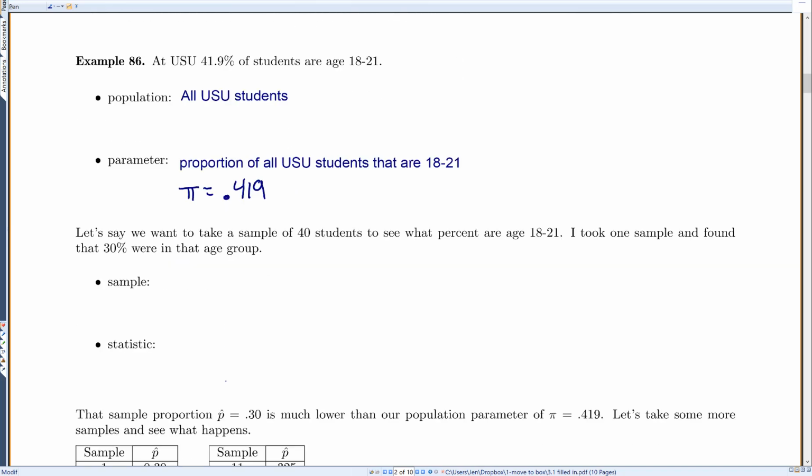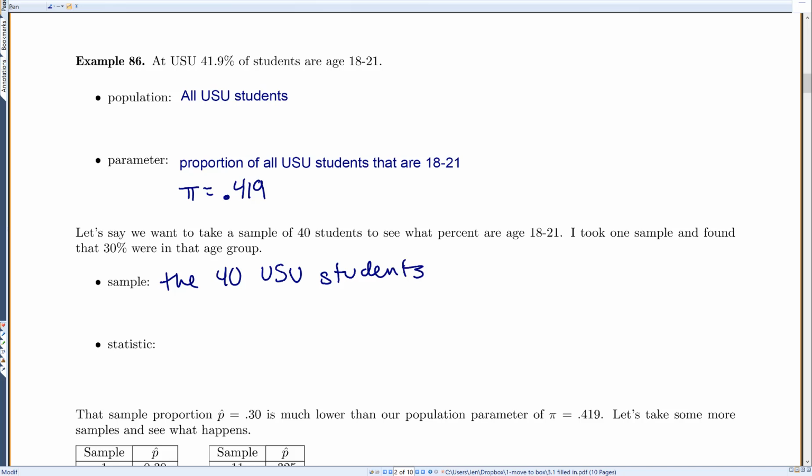Now let's say we want to take a sample of 40 students to see what percent are age 18 to 21. I took one sample and found that 30% were in that age group. So what was my sample? It would be the 40 USU students that I actually collected data on.